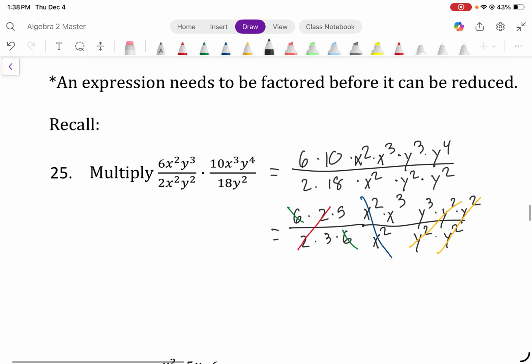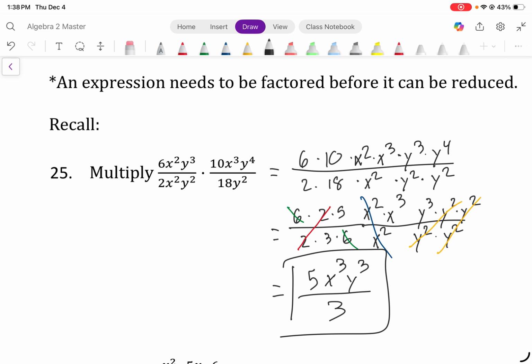So what I'm left with on the top is 5 x cubed y cubed, and on the bottom there's a 3. There's no more common factors, and I'm fully simplified. What some of us liked to do in this chapter previously, which is still completely valid, they combined this x squared and x cubed to be x to the 5th.